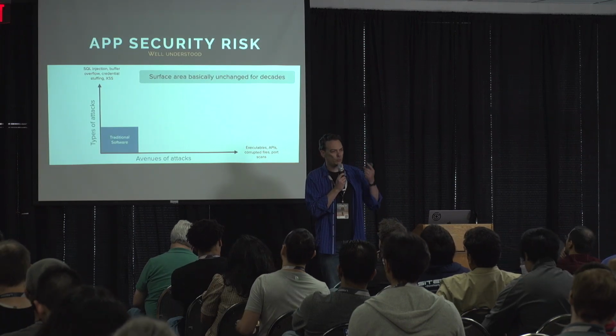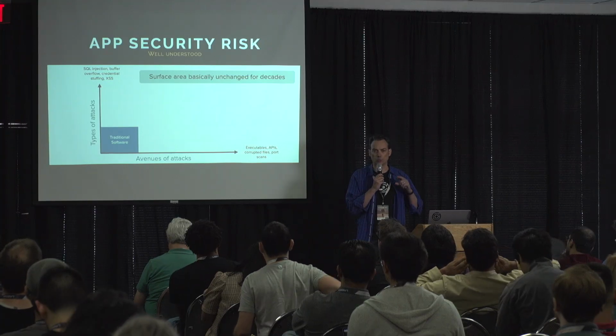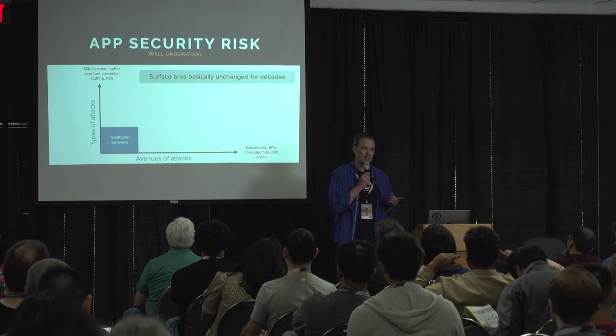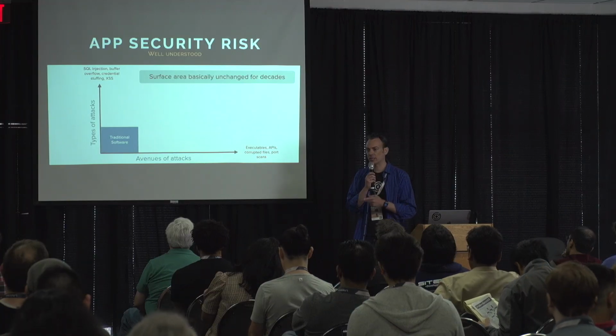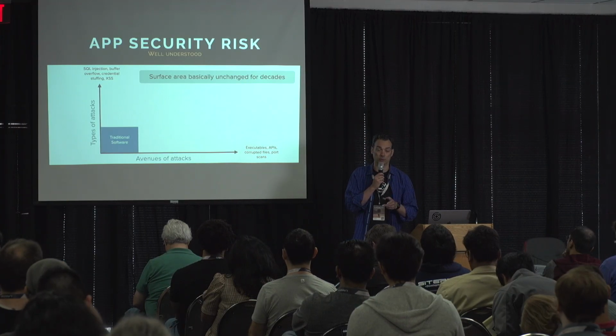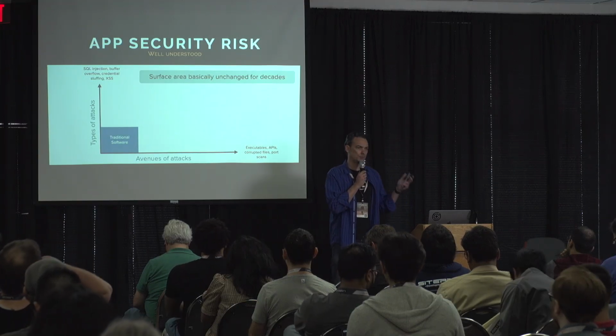In terms of application security, we have a pretty good understanding of the types of attacks and the vectors of those attacks. We understand where they come in: through the APIs or through executables that get into our environment. We understand that it's going to be SQL injections or cross-site scripting.